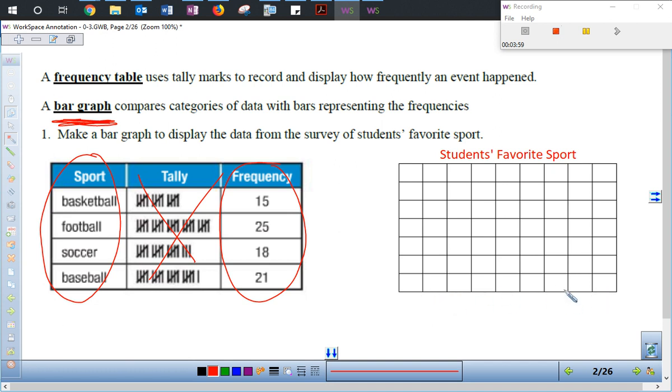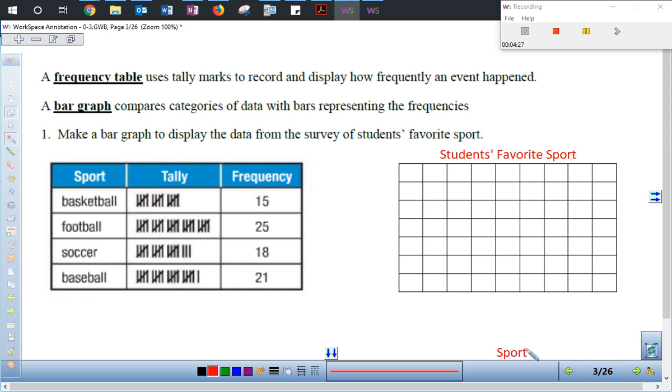So first, before we start labeling everything, we need to say what this axis is. So this axis is going to be talking about sports. So I'm going to leave some space under here so I can write what each one's going to be, but I'm going to label this axis sport. Notice again how it's capitalized. Again, I have space because I want to make sure that I have room to write what each sport I'm working with is.